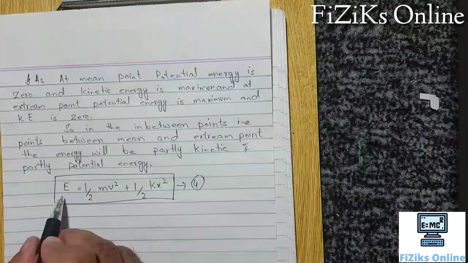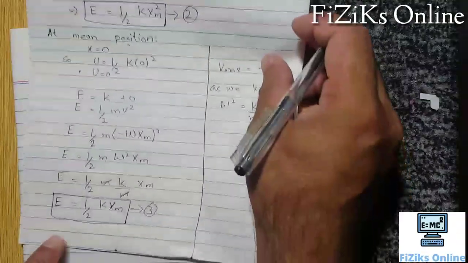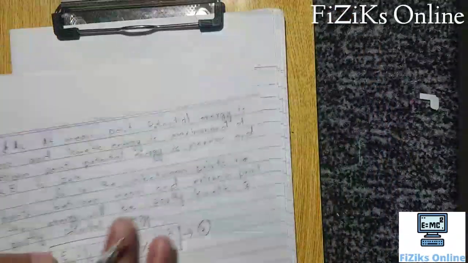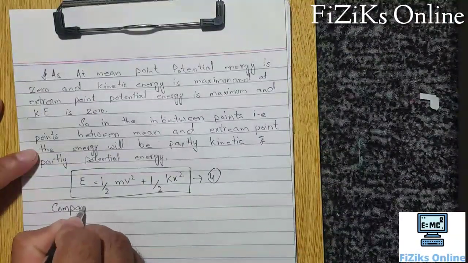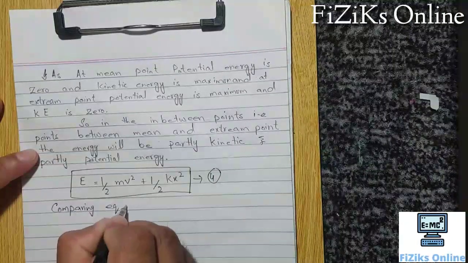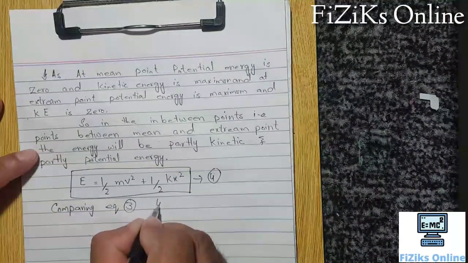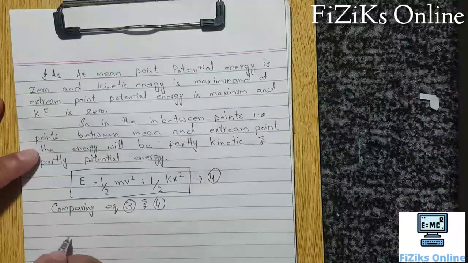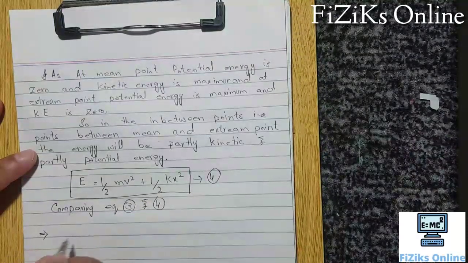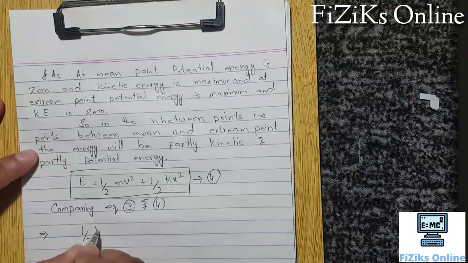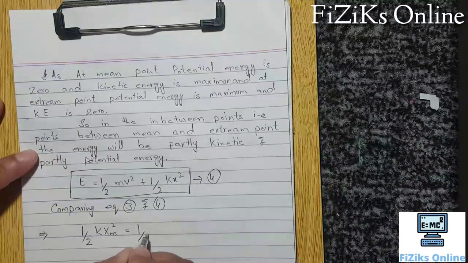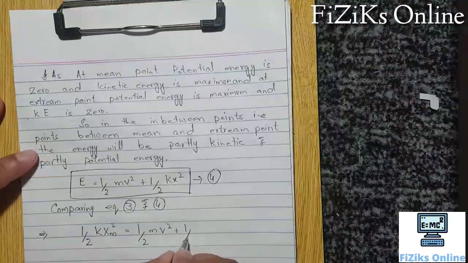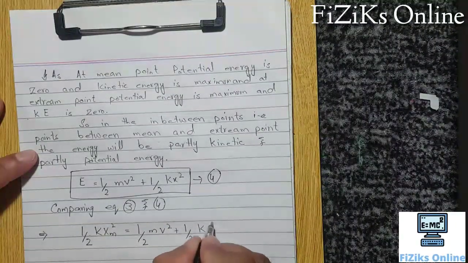You can see both are energy E, so comparing equations 3 and 4, that is half k xm square equals half m v square plus half k x square.